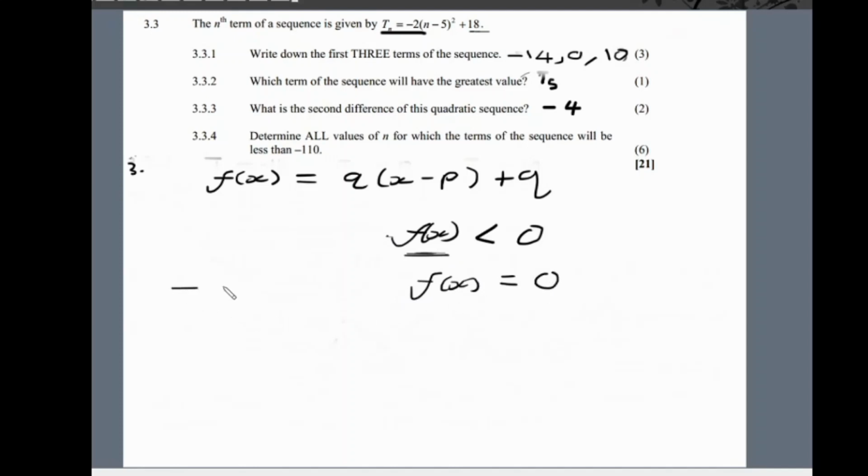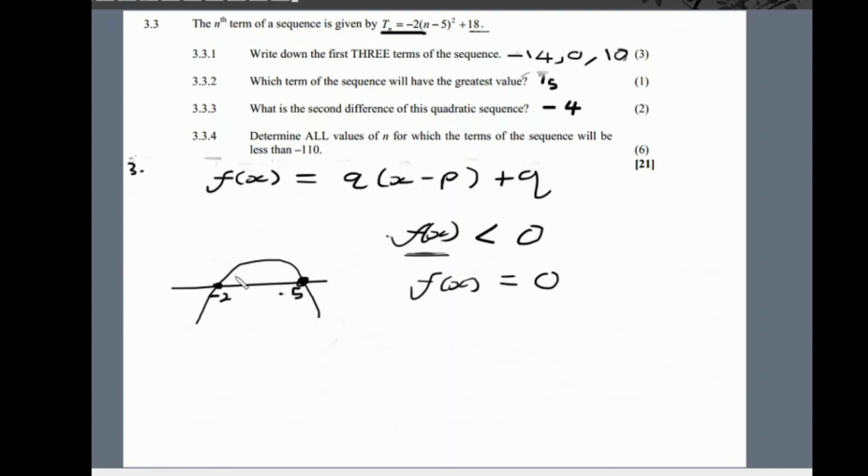And then let's say, because it's a quadratic function, let's say, just as an example, the function is equal to 0 at 5 and is also equal to 0 at minus 2, right?